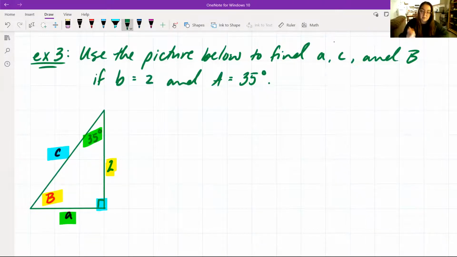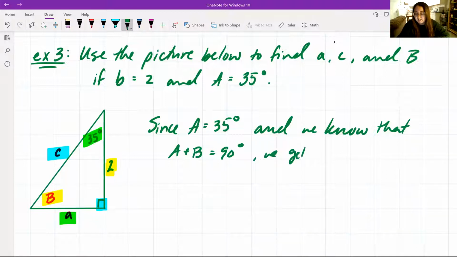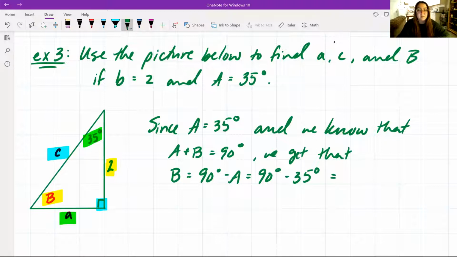So, all right. We can state that since A is equal to 35 degrees, and we know that A plus B is equal to 90 degrees, we can get that B is going to be equal to 90 degrees minus A, which is 90 minus 35 degrees, which is then going to be equal to 55 degrees.